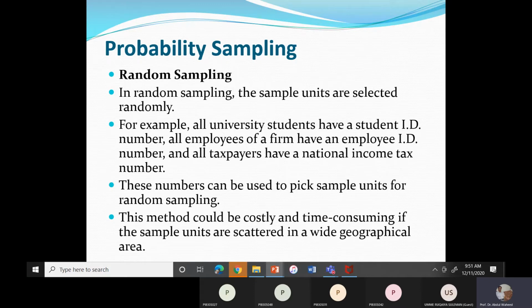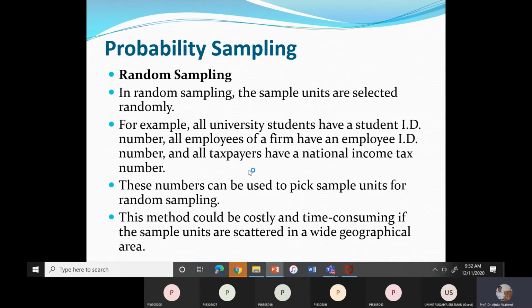Same is with a firm. If you have to get the data of the employees of the firm, we can use the employee ID number, select these IDs first, and then approach the employees for whom we have collected the ID numbers, and then get the data.